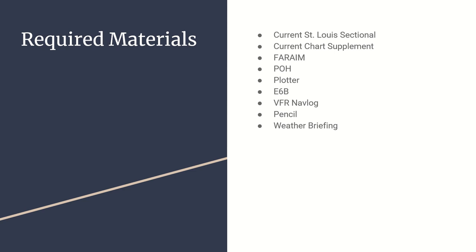It's an additional place where information is stored that just can't be listed on the sectional. As you know, there's not a lot of space on the sectional for things like that. You just get basic airport information. So more in-depth information, including even a diagram of the airport in some cases, is available via the chart supplement. And again, we'll use that in a little bit here.